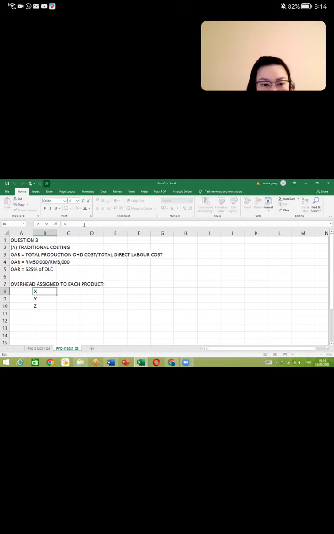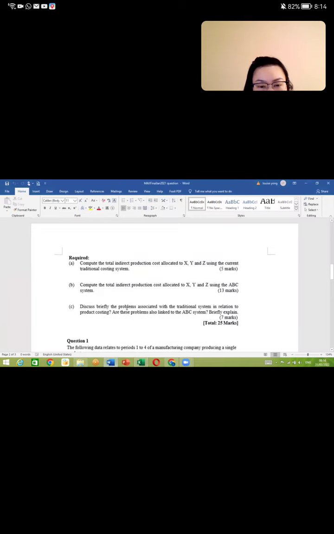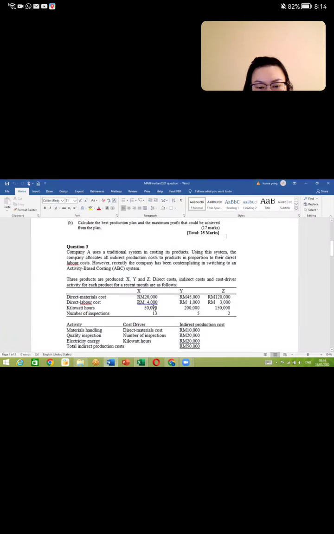So how to assign X? You use 625%, so 6.25 times, then multiply. What is your direct labor cost for X? Your direct labor costs are 4,000, 1,000, 3,000. What does 625% mean? If your labor cost is 1 dollar, your overhead cost is 6 dollars 25 cents, so 6.25 times, or 625%.